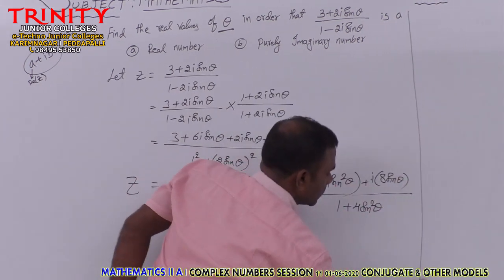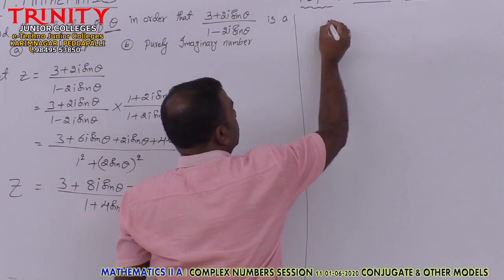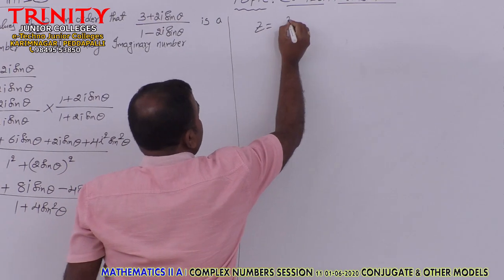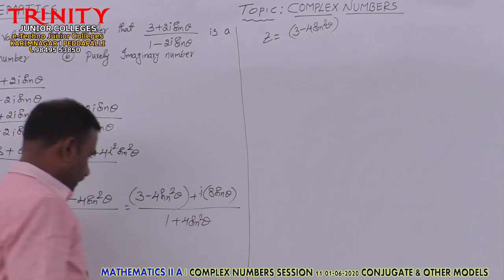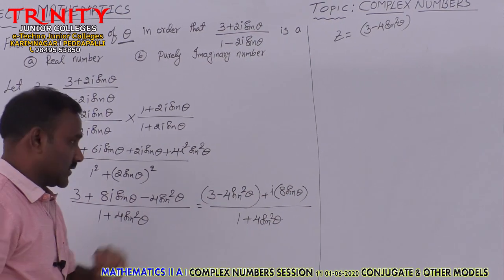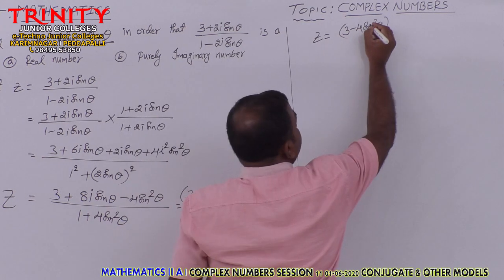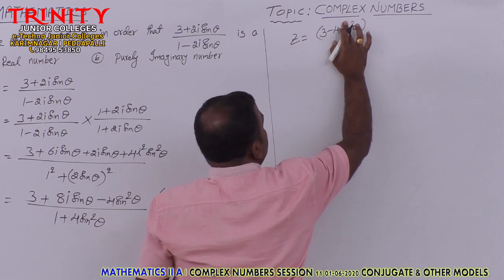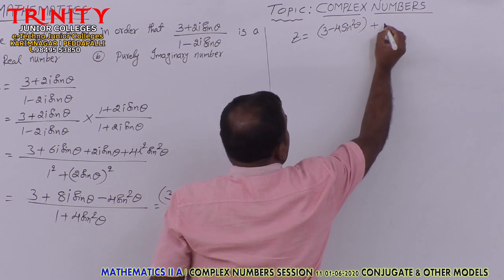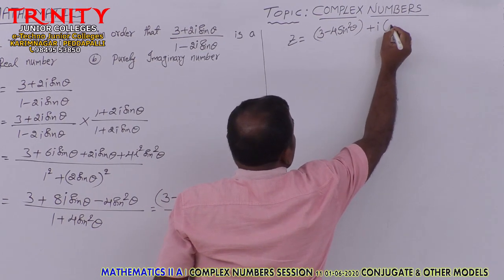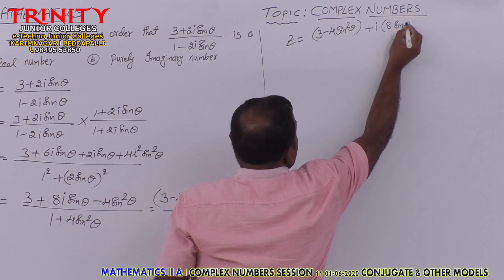Again I am taking z here: (3 minus 4 sin square theta) plus i into (8 sin theta).